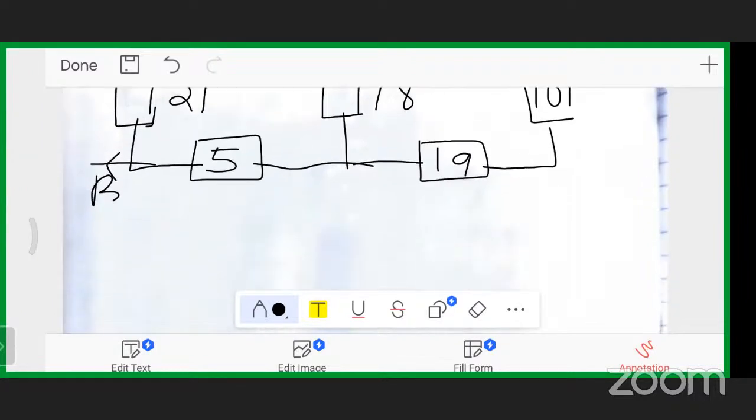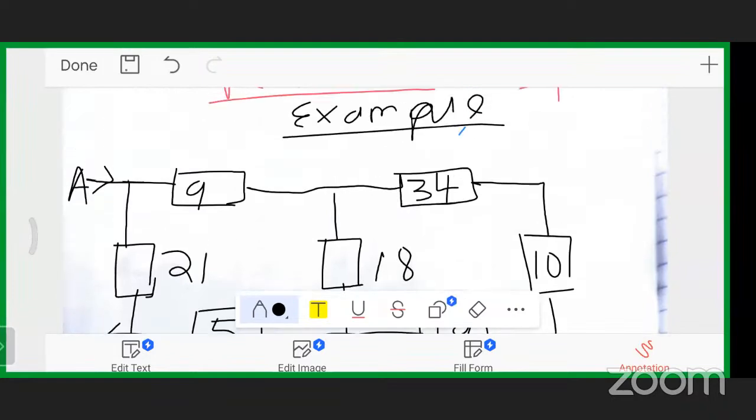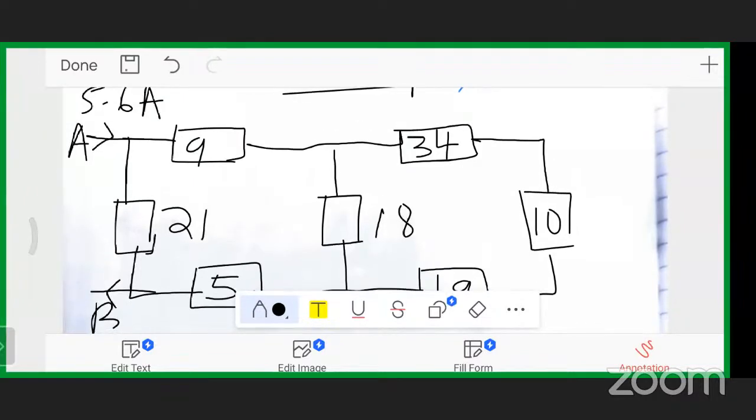So the total current in that circuit is 5.6 amps. Use that information to get the total resistance and then the voltage drop across each of the resistors. That will be a good exercise for you to practice.